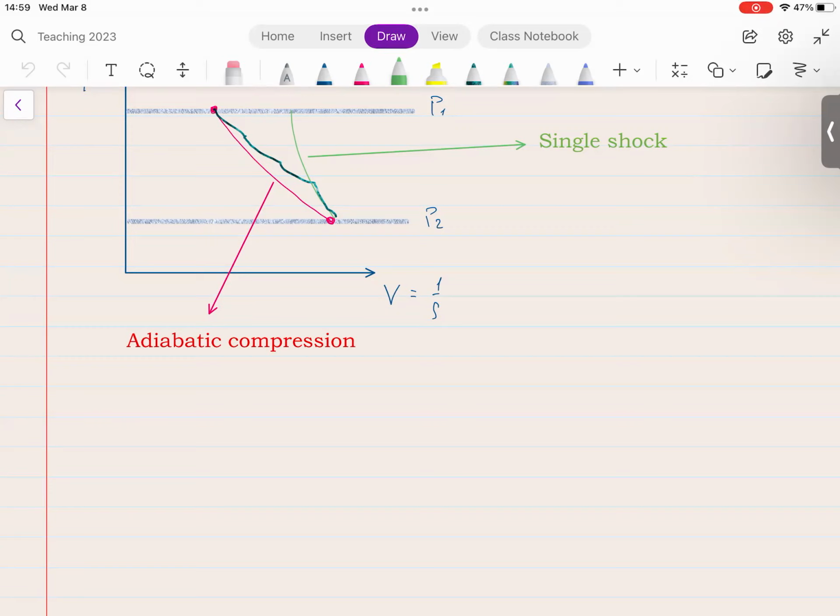Or I can design the experiment in such a way that the shocks meet all in the center. And that's what I would want to do. And the reason is that where the shocks meet, I'm actually going to heat the plasma.